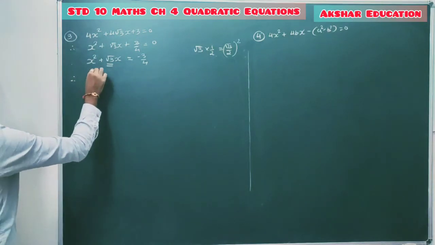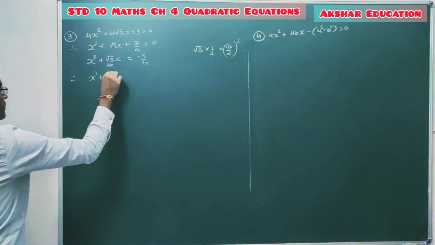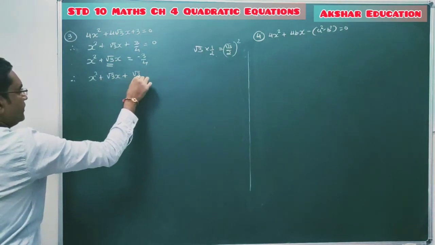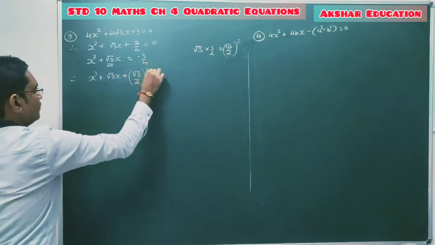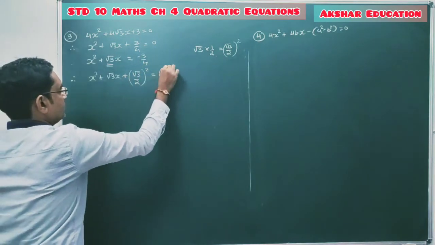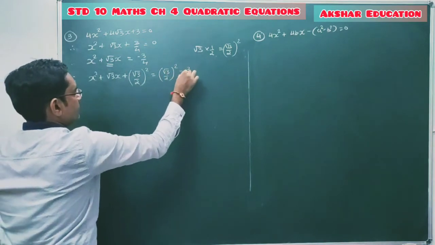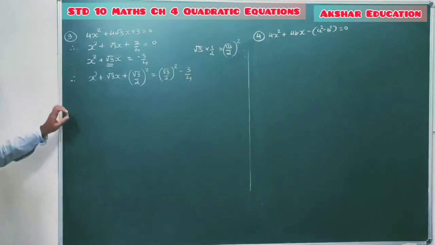So we are getting x square plus root 3x plus root 3 by 2 whole square equal to root 3 by 2 whole square minus 3 by 4. Done?